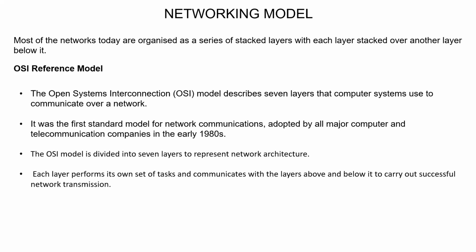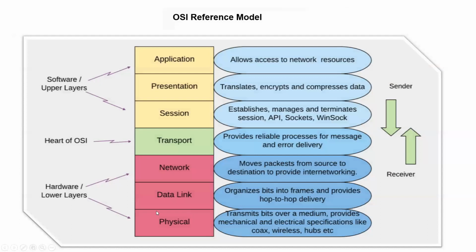Responsibility is distributed so that the functioning is carried out properly. So we will see the different layers. At the top there is the application layer, then the presentation layer, then the session layer.